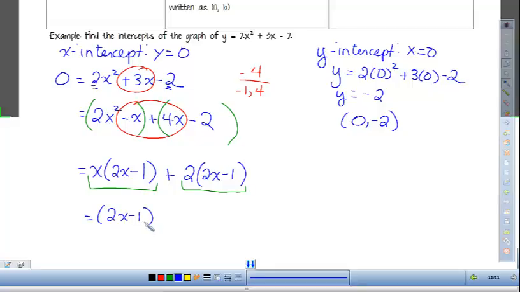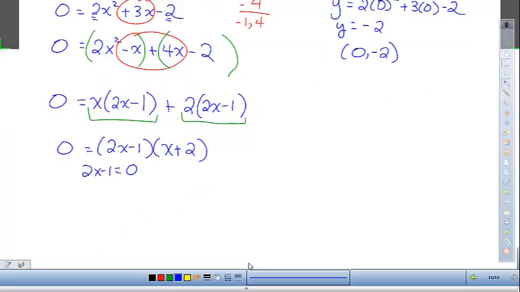And so what are we left with? X plus 2. And that's how it factors. And all of that's still equal to 0. So we say 2x minus 1 equals 0, or x plus 2 equals 0. 2x equals 1, x equals 1/2.